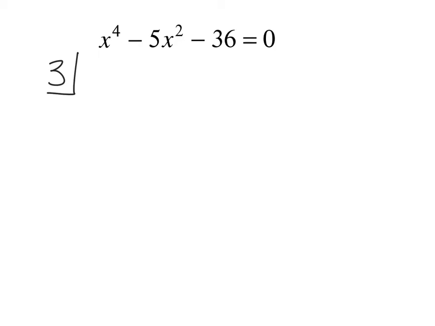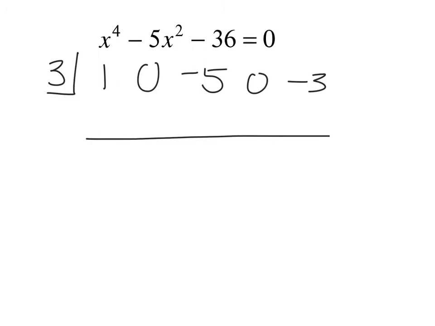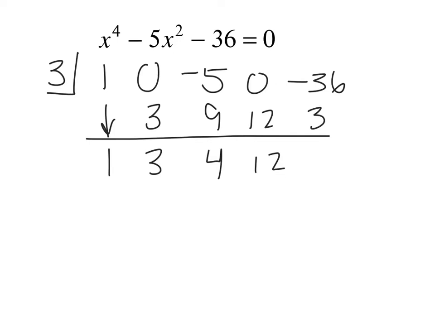Now it does skip a few terms here, like the x to the third and the x. And I run synthetic division here. 1 comes down, 1 times 3 is 3, 0 and 3 is 3, 3 times 3 is 9, negative 5 and 9 is 4, 4 times 3 is 12, 0 and 12 is 12, 12 times 3 is 36, and voila, 0 at the endinside of 36 cancelling.